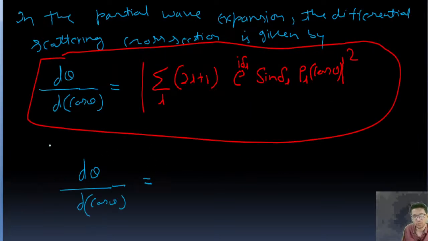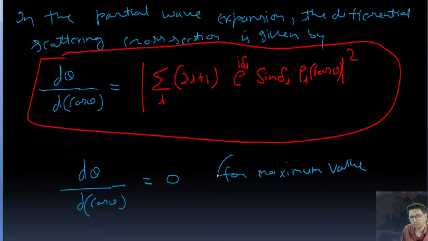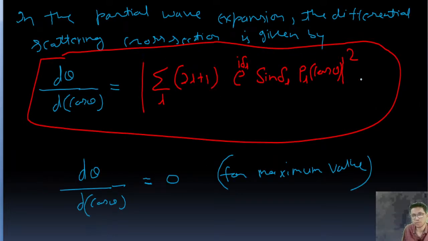So from here, d upon d cos theta is going to be equal to 0, right, for maximum value. For maximum value, this value is going to be 0, means mod square of this value is 0, so the square goes to that side.